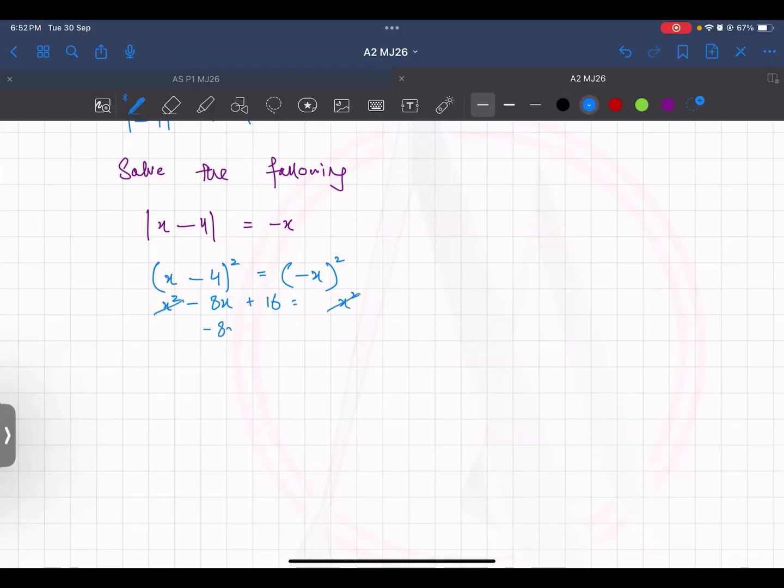So you will have minus 8x plus 16 is equal to 0, and therefore your x value will come out as minus 16 upon minus 8, which is 2. And if you put this back into the question to check if you have got the right answer, you can confirm as well.